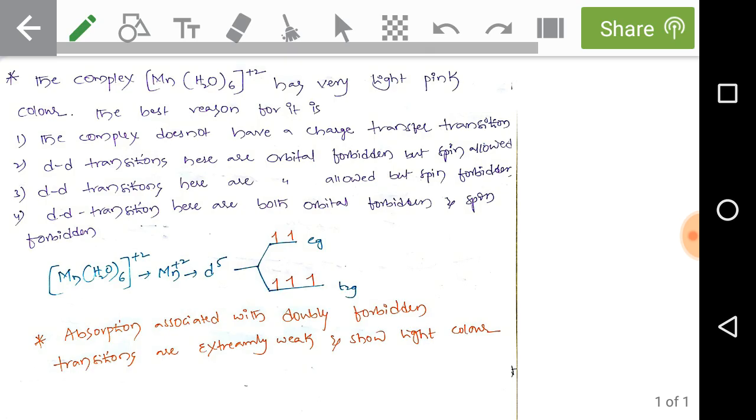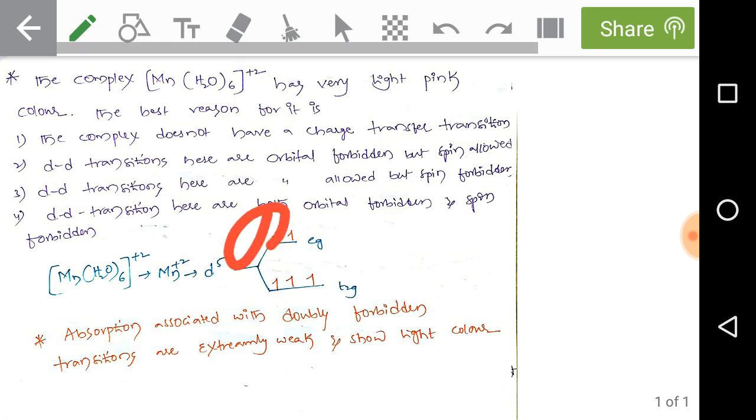Now we need to look at the orbital contribution, or simply the Laporte selection rule. According to the Laporte selection rule, the parity must change in transitions from one level to another energy level. Parity means gerade to ungerade or ungerade to gerade.